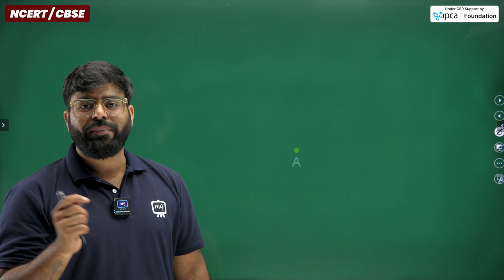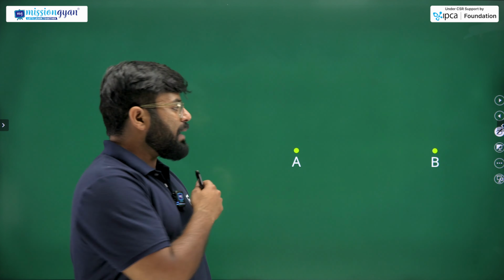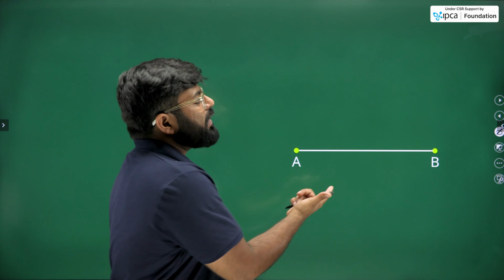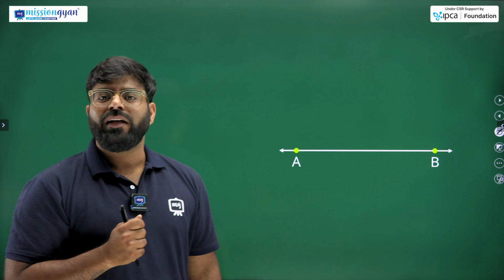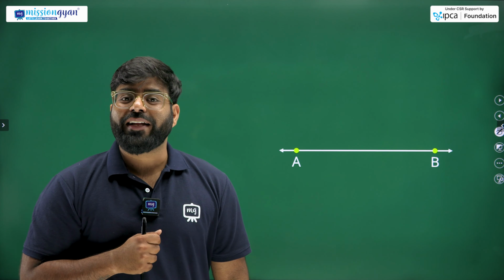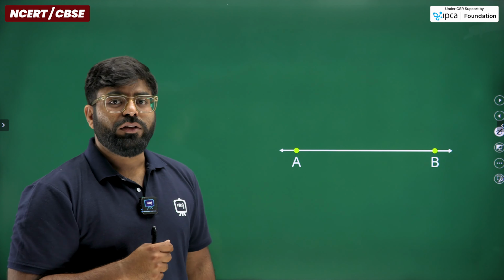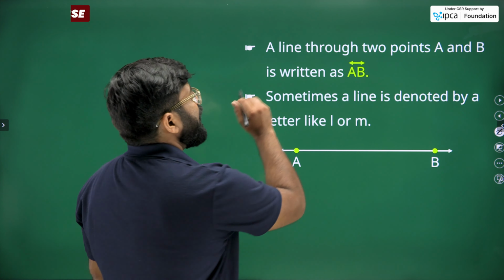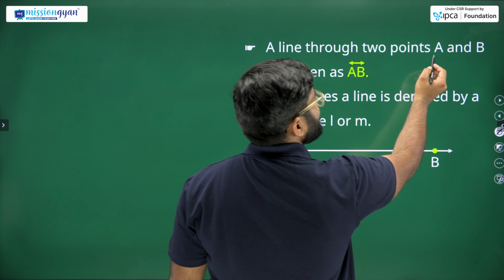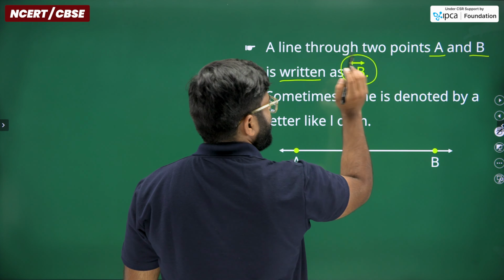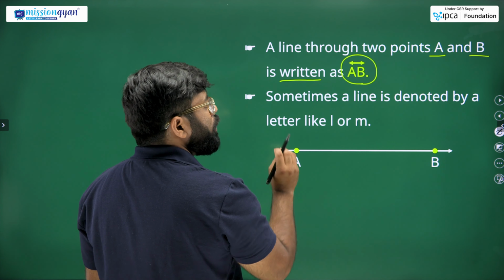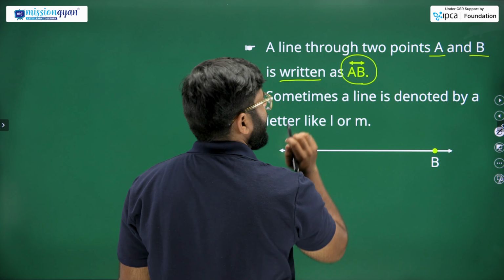Let's see on the screen, I'm taking point A and point B and I'm making a line segment, and after that I am extending it in both the directions. That means I'm getting the line. So what are the properties of these lines? Let's check. A line through 2 points A and B is written as line AB. How will you write the name of a line? You will write it as line AB.